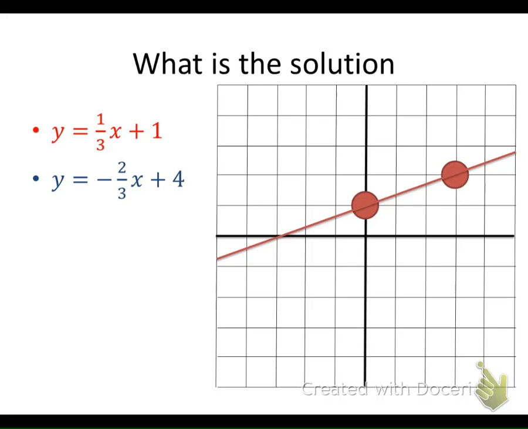Okay, now I've got, in the blue, the y-intercept is a 4, so I put a dot there. The slope is a -2/3, so starting from that dot, I'll count down 2 places and go forward 3. And now I can draw a line through them. That intersection point is the solution.